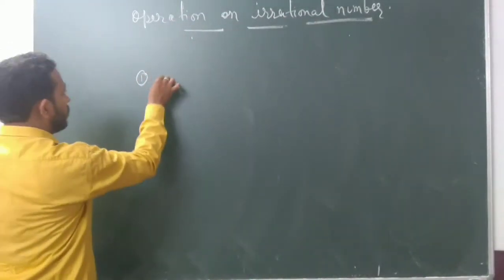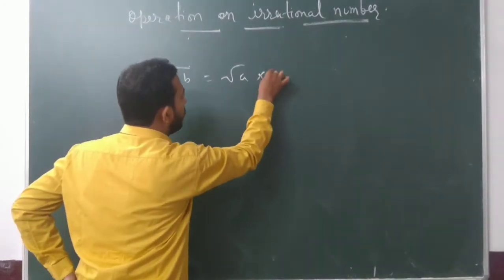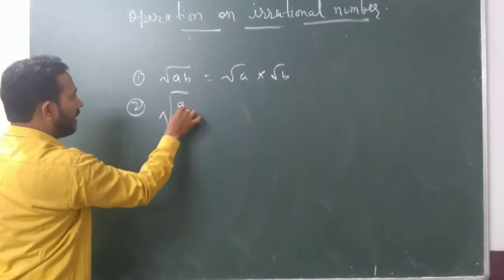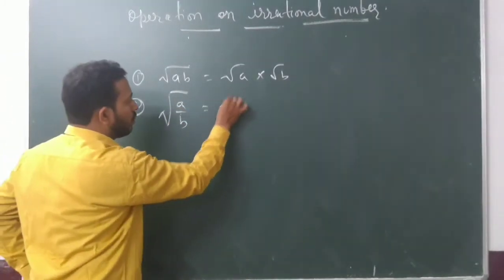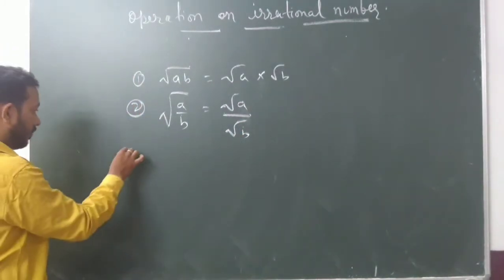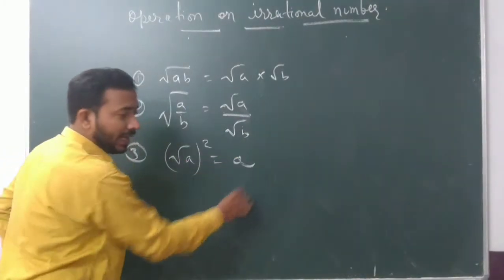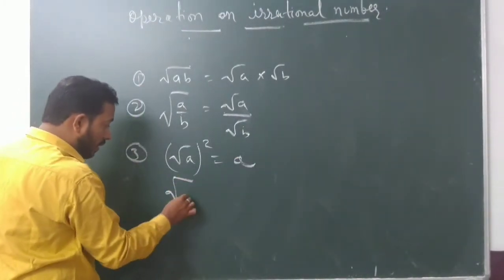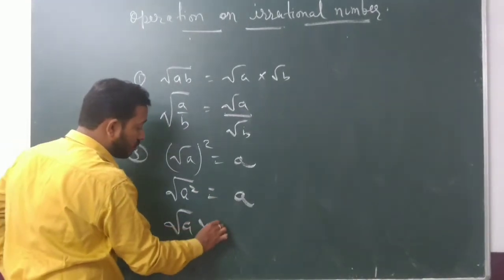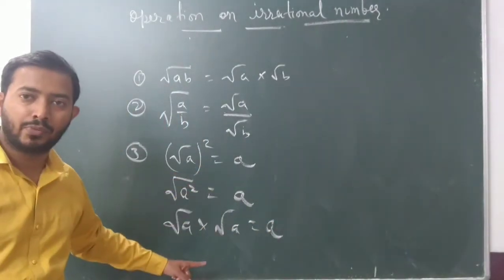What are those? The first one is root over AB gives you root A into root B. This is one rule. Another rule, root over A by B can be written as root A by root B. And the third one, root A whole square will give you A, root over A square will give you A, and root A into root A will give you A. All are the same.